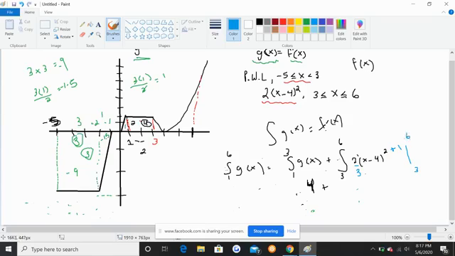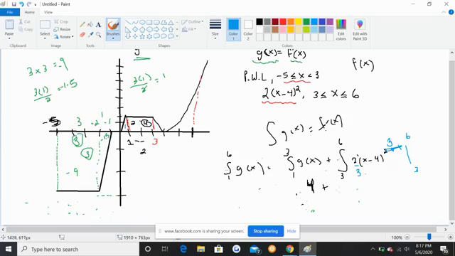So this will just be a 3. I'm assuming you guys know how to take antiderivatives. But if you don't, I could spend more time on this next time. Oh my god, I can't write the 3. I'm sorry, y'all.